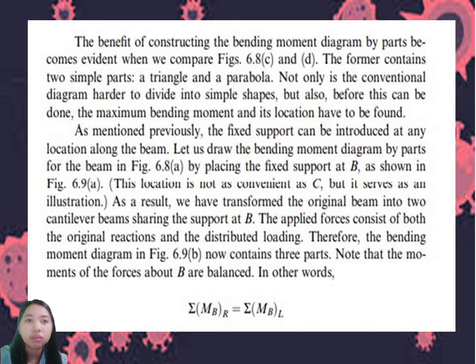As a result, we have transformed the original beam into two cantilever beams sharing the support at B. The applied forces consist of both the original reactions and the distributed loading. Therefore, the bending moment diagram in figure 6.9 now contains three parts. Note that the moments of the forces about B are balanced. In other words, the summation of MB of R equals the summation of MB of L.